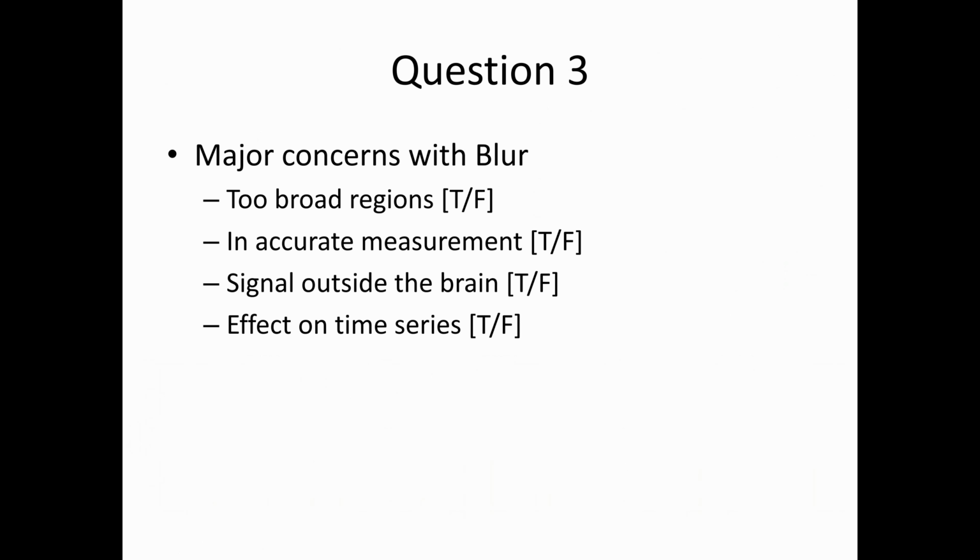So why I would guess the thing blurring is creating, if you blur and you're including noisy voxels that have non-random noise, then you would have an effect on the time series, like if you had motion artifacts that were accentuated at an edge, or physiological noise, then you could actually add that in.